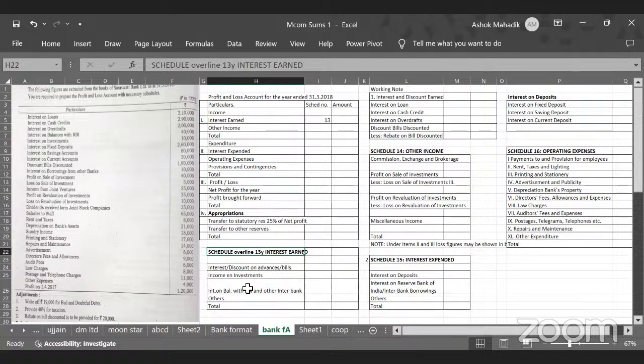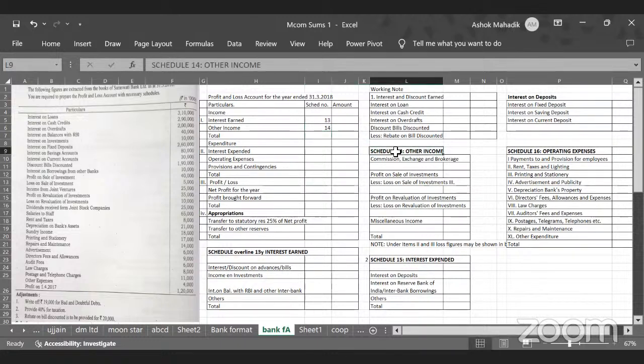Under that, all kinds of interest incomes will be taken, like interest and discount on advances, bills discounted, income from investments, interest on balance with RBI. All items will come here. And the total will go to the next column beside the schedule number. Then we have one more income schedule which is 14.